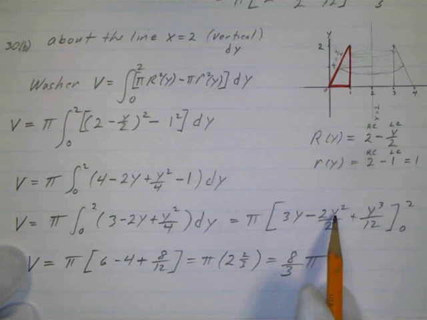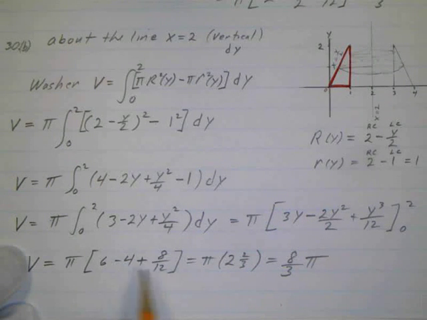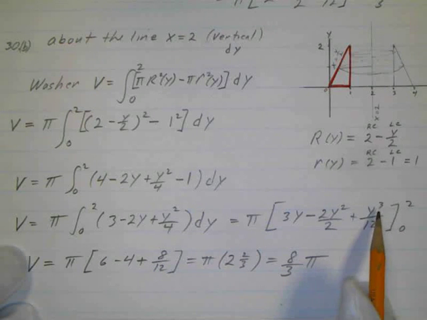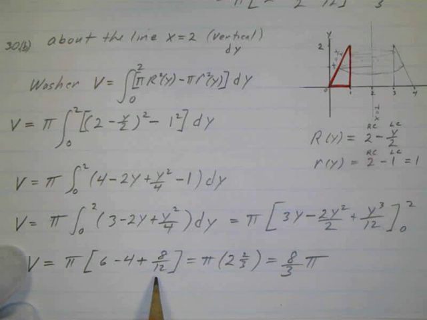Those cancel, so I just have 2 squared, which is 4. And 2 cubed is 8 over 12. So that just ends up being 2 2/3. Pi times 2 2/3, and 2 2/3 is 8/3 pi. So that wasn't too bad either. Make sure you draw a nice sketch, label your axes, use some rulers. Always take pride in your work.